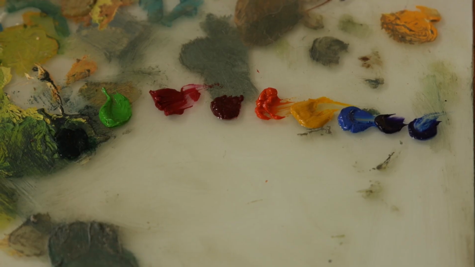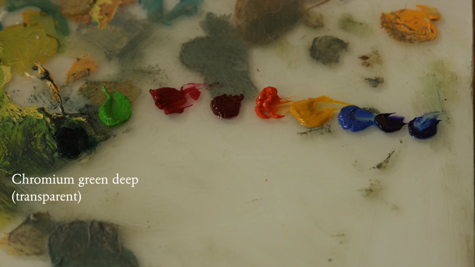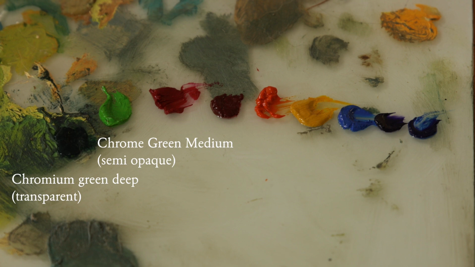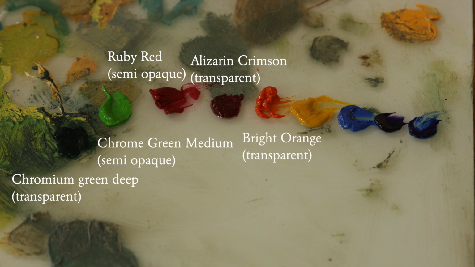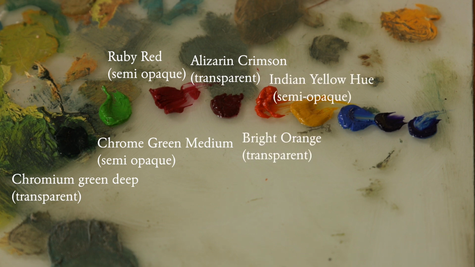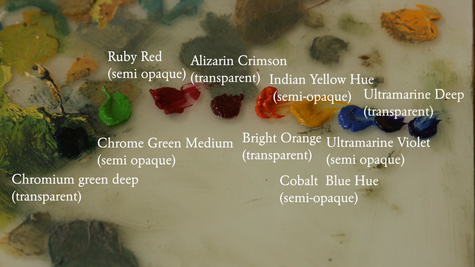So this leaves us, going from left to right, with a transparent chromium green deep, a semi-opaque chrome green medium, a semi-opaque ruby red, a transparent alizarin crimson, a transparent bright orange, a semi-opaque Indian yellow hue, a semi-opaque cobalt blue hue, a semi-opaque ultramarine violet, and a transparent ultramarine deep.